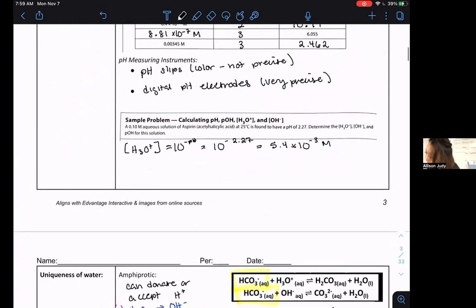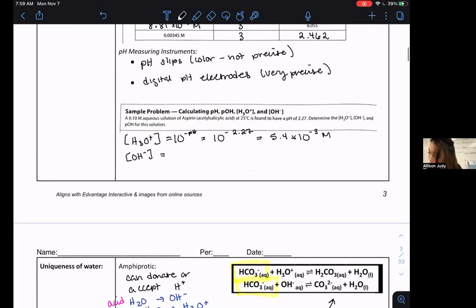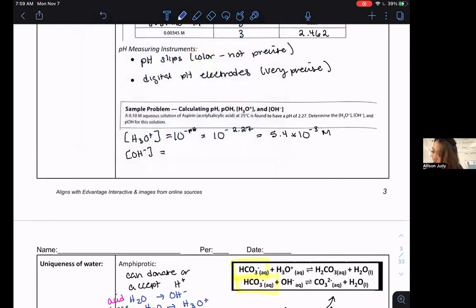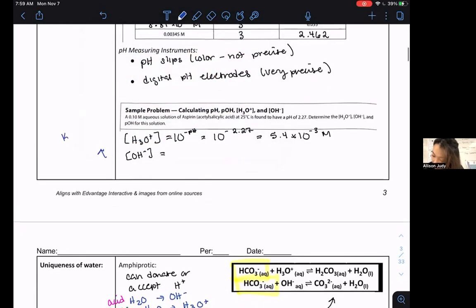Then for OH minus, I'm going to use the idea that KW, which is always a known value, always 1.00 times 10 to the negative 14th, is equal to the concentration of H3O plus times OH minus, because I'm in aqueous solution.